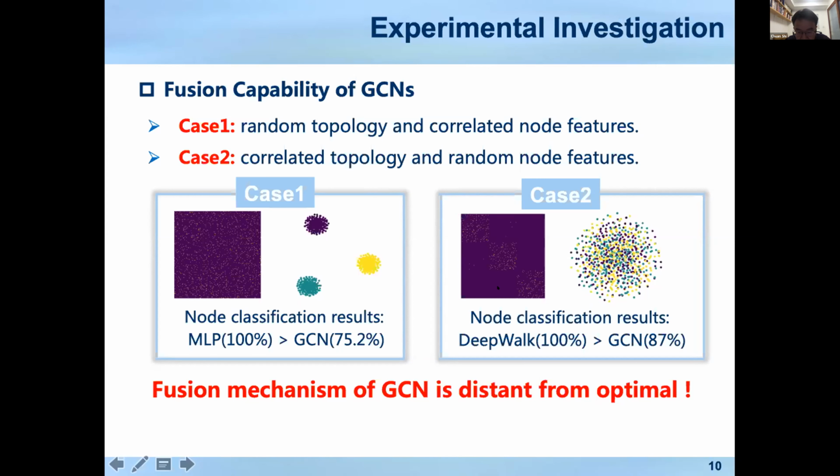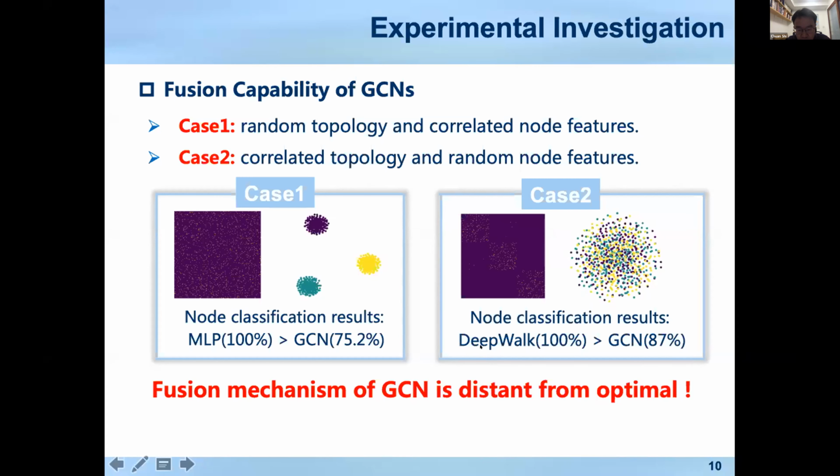We also run DeepWalk and GCN on this dataset. We can find that DeepWalk achieved 100% accuracy, while the GCN only had 87% accuracy.